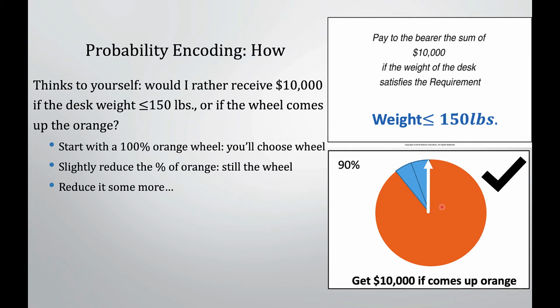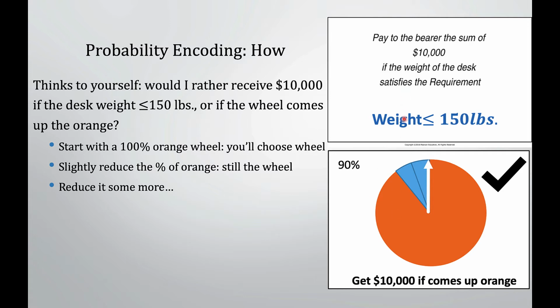Okay, if you believe this with a probability of over 90%, you would choose this one. But if you believe the probability that the weight of the desk is below or equal to 150 pounds is less than 90%, then you would still choose this pie, okay? So that process goes on.